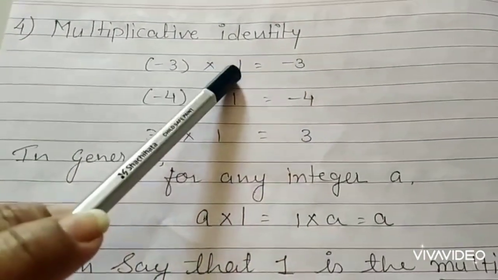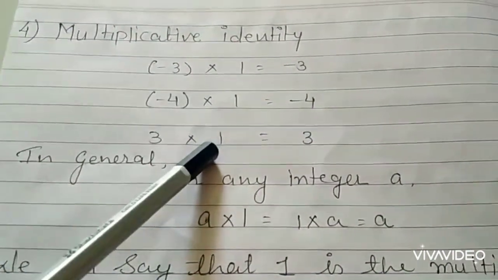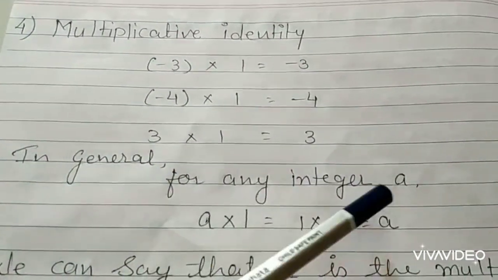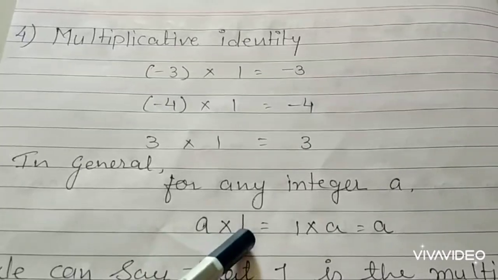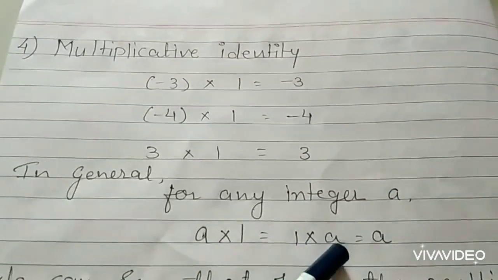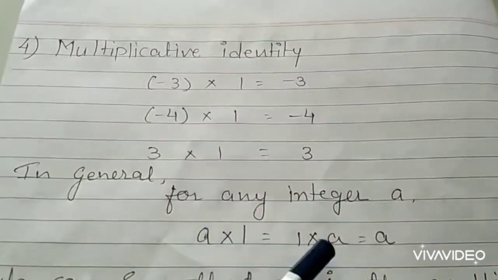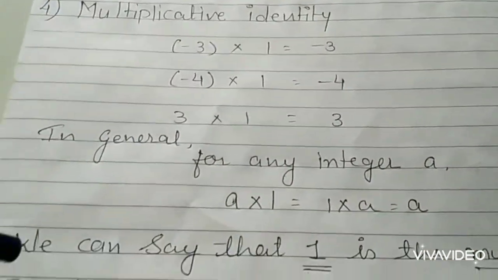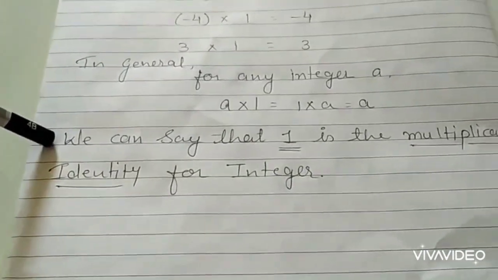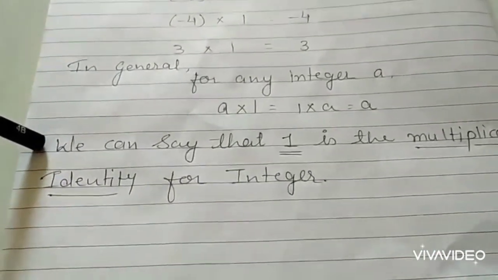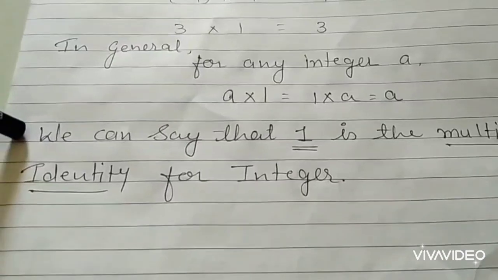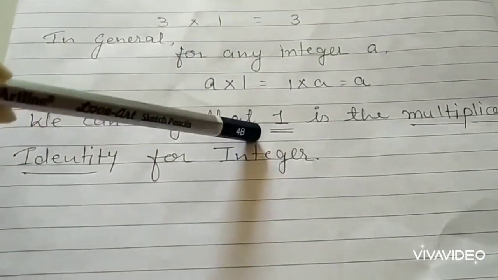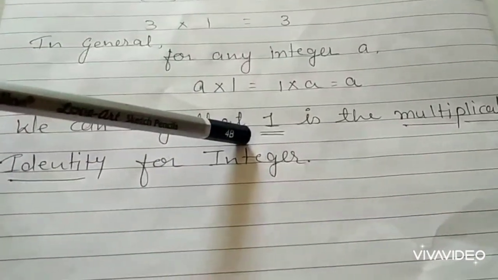We have only one number like that, which is 1. In general, for any integer a, a multiplied by 1 is equal to 1 multiplied by a, which is the commutative property, and is equal to a. That means 1 is the multiplicative identity for integers.